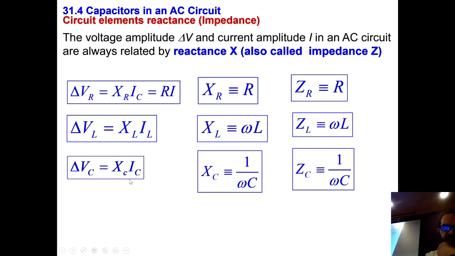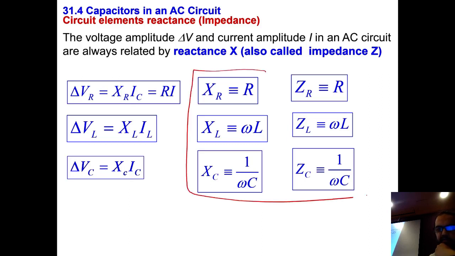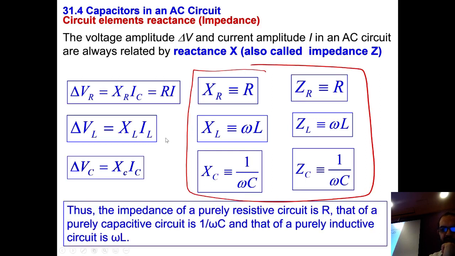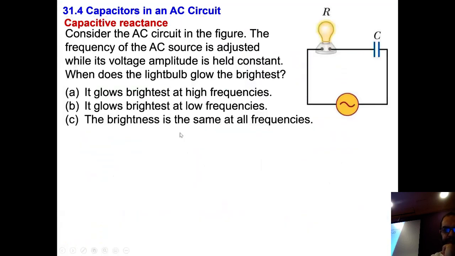The only difference is in these. And this is very convenient, as we will see when we solve some problems. So the impedance of a purely resistive circuit is R, that of a purely capacitive circuit is 1 over omega C, and that of a purely inductive circuit is omega L.